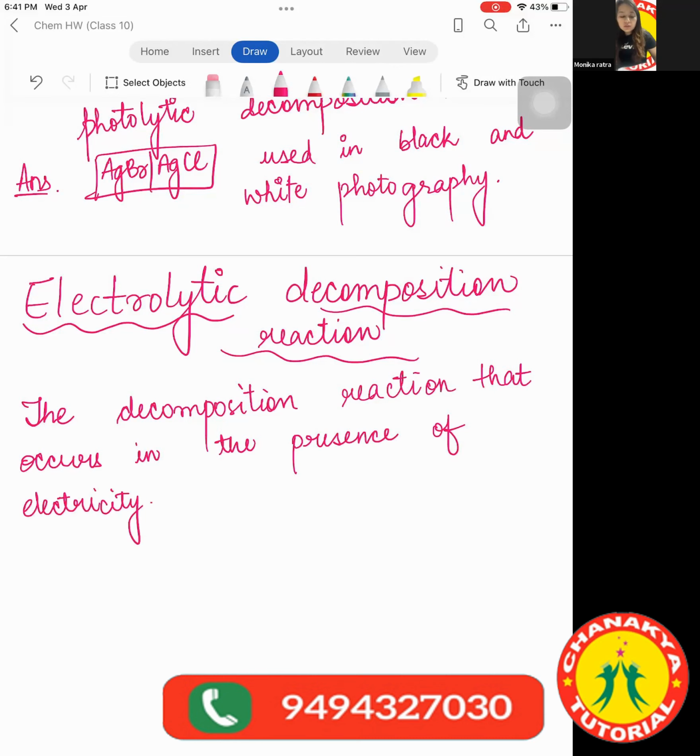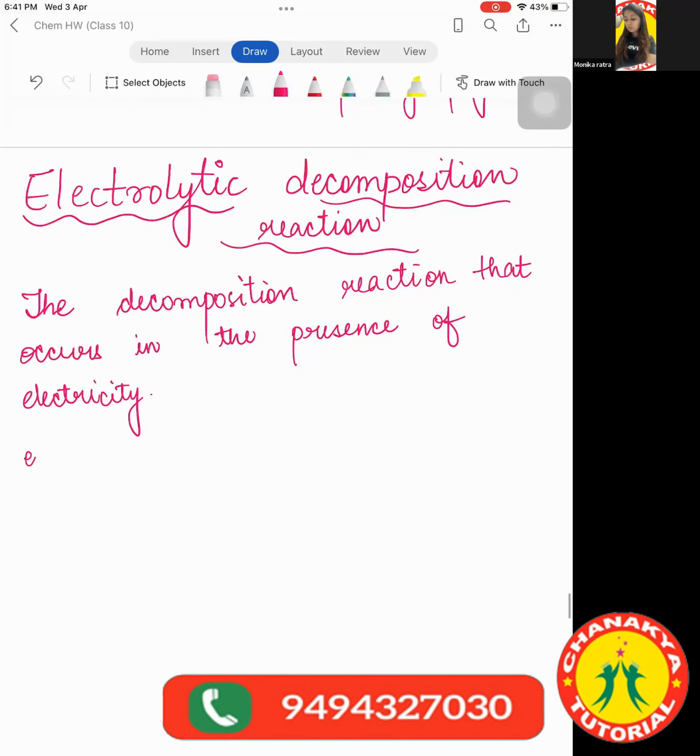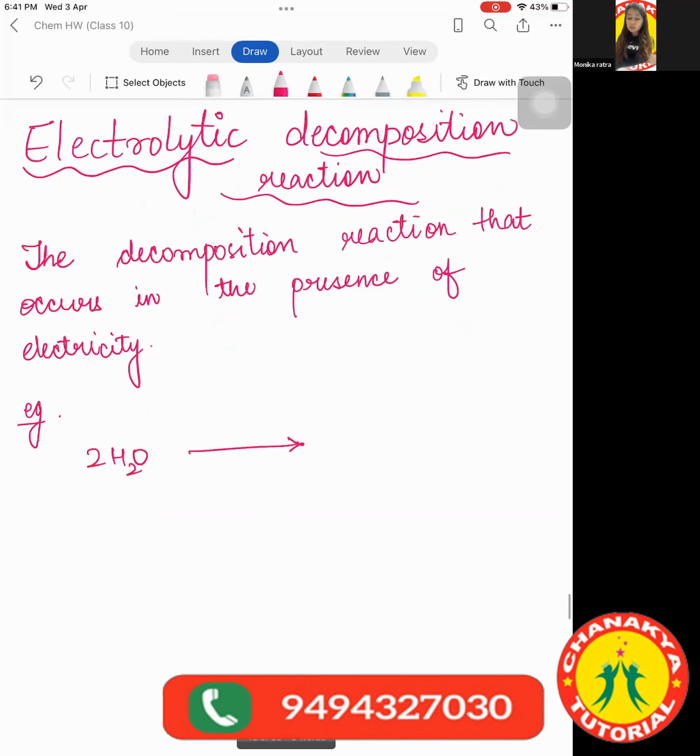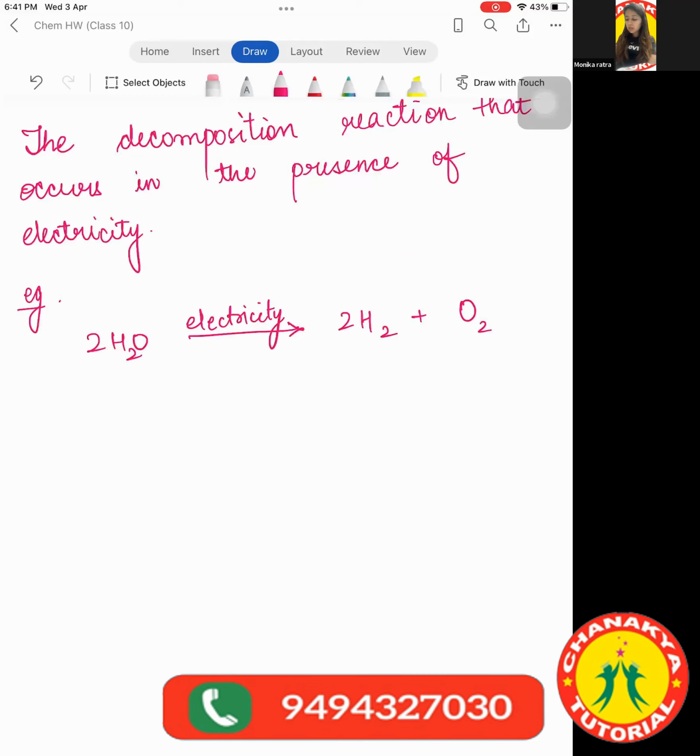So the first equation which we need to know is the decomposition of water on passing electricity. There is a very important question which comes in the exam related to this equation. I'm going to tell you both the question which comes. So let us see the diagram of this.